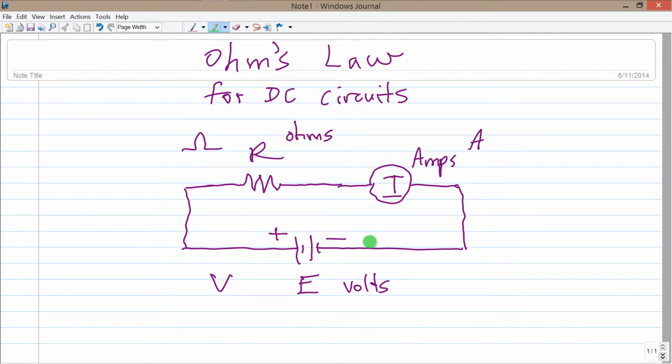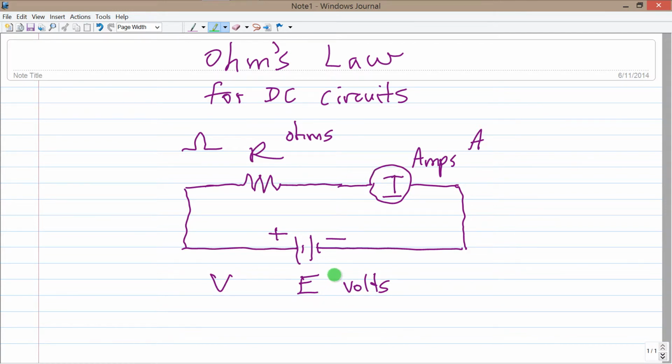Well, anyway, in a circuit like this, you might get the idea that the amount of current depends on the voltage and the resistance. If you have a certain resistance and you increase the voltage, you'll get more current. And if you got that idea, you are absolutely right. If you have a certain constant voltage and you decrease the resistance, you will also get more current.